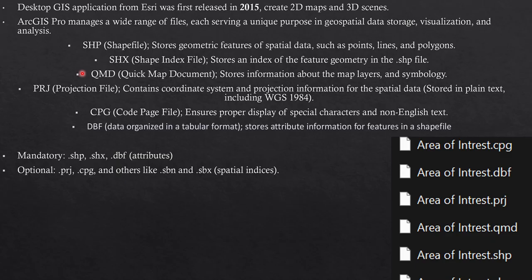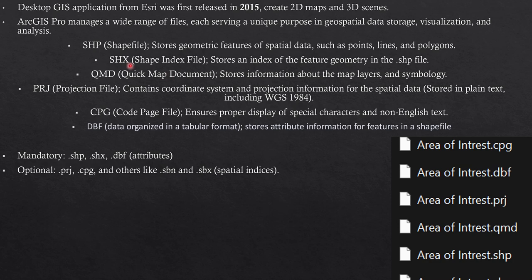In ArcGIS Pro, we see 2D and 3D scenes of the terrain, and it supports a wide range of files when you are saving. They have a SHP file, the shapefile, in which they store the points, lines, and polygons of the data.